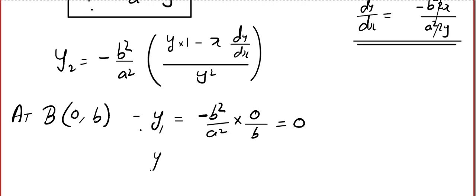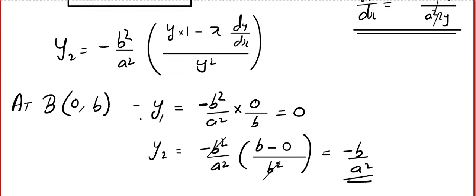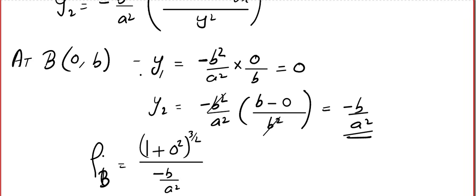Now y2 is equal to minus b minus 0 by b squared is equal to minus b by a square. Now time to plug in radius of curvature at b: 1 plus y1 square the whole power 3 by 2 whole divided by minus b by a square.